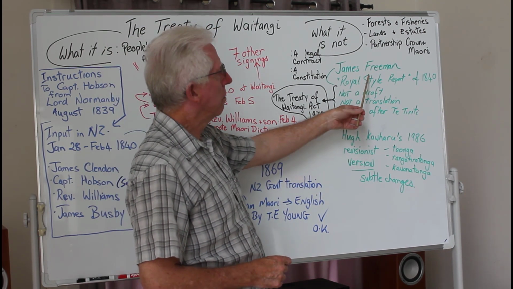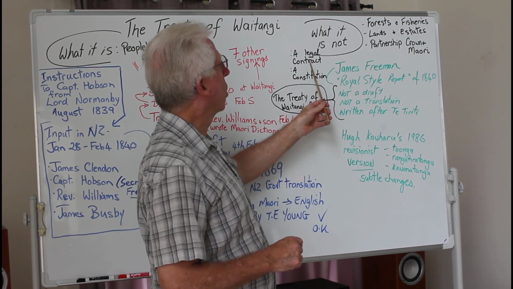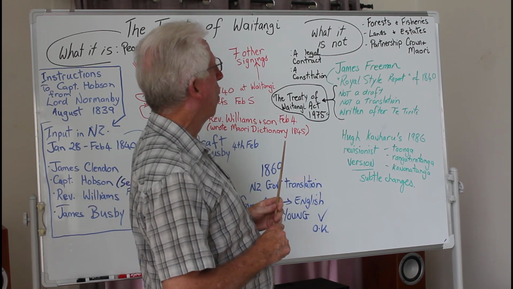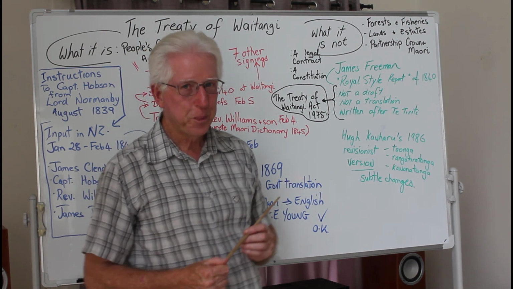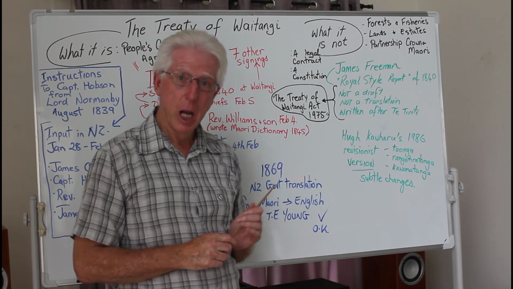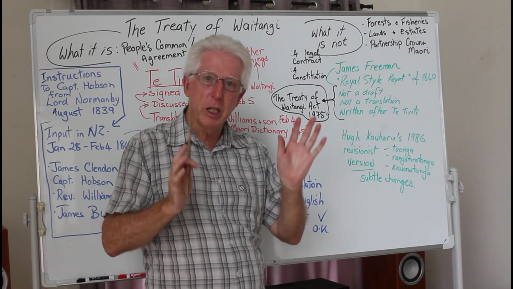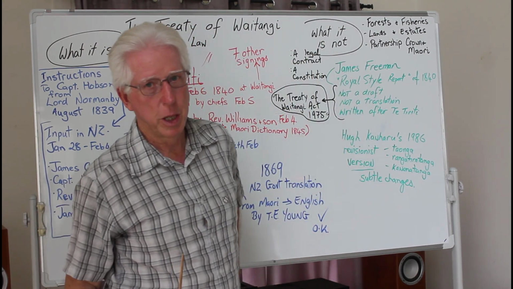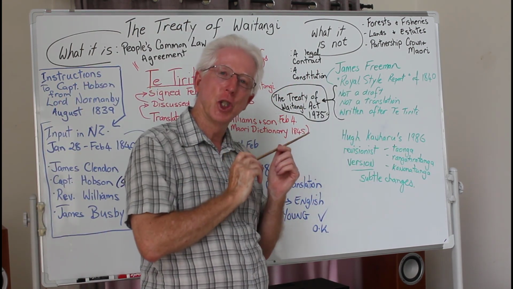Freeman's Royal Style Report is not a legal contract and it is not a constitution. However, in 1975, when the Treaty of Waitangi Act was passed by the Parliament, the Minister of Maori Affairs, Matthew Rata, introduced James Freeman's document and said it is the treaty in English.